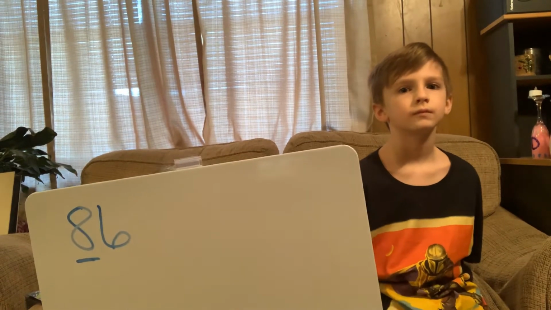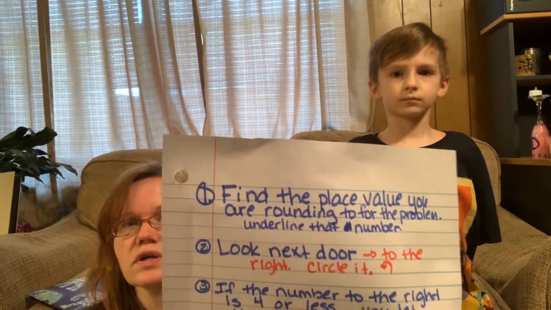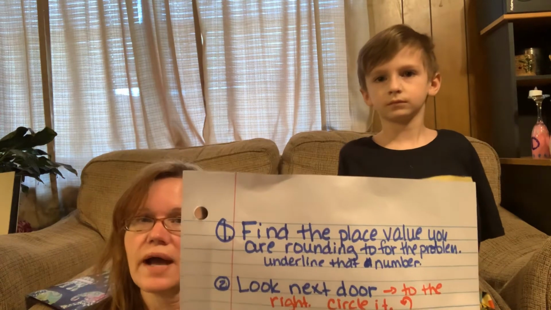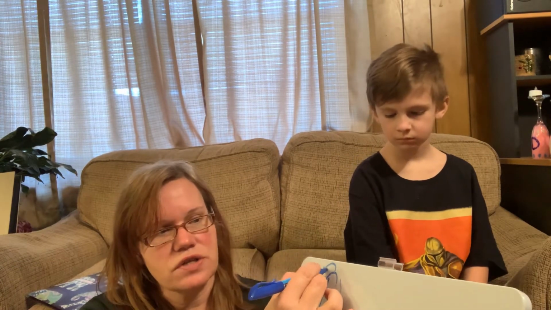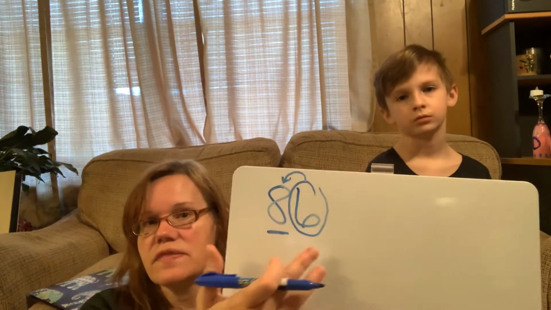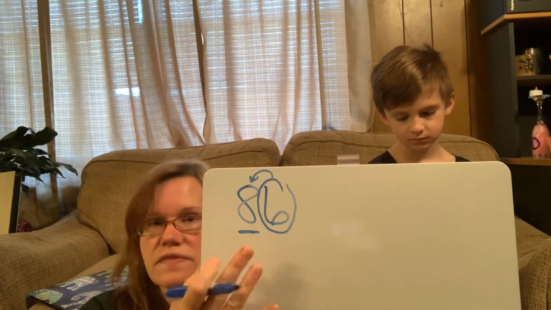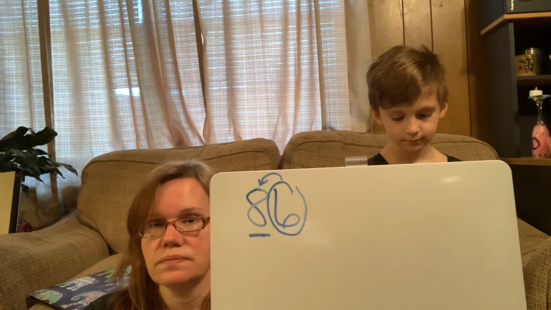All right. Then it says that we're going to look next door. We're going to look to the right. Look at its neighbor on the right, okay? Miss Maza likes to circle it, and I always draw a little arrow to it because I'm letting myself know that this number is telling this number what to do. Okay? All right.